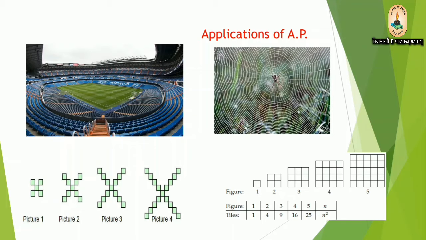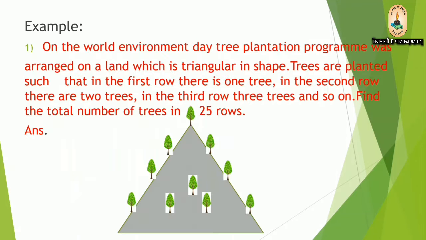In this way, we can write number of tiles in any figure. In general, the nth figure shows n square tiles. In this way, arithmetic progression is useful in our real life. Let's solve some examples.